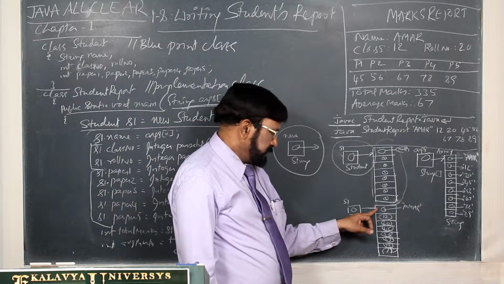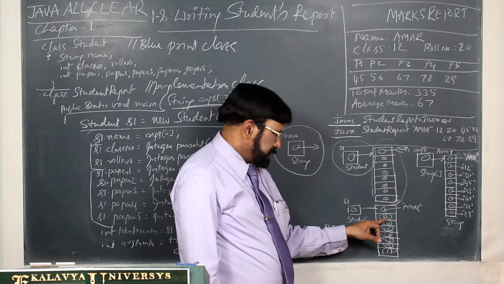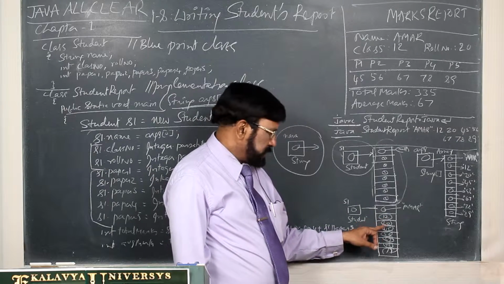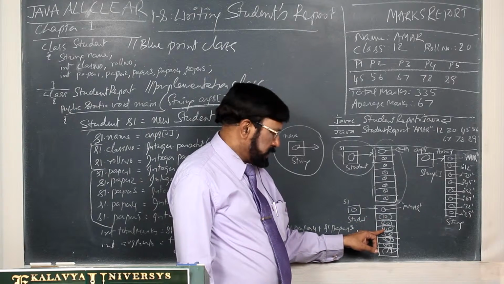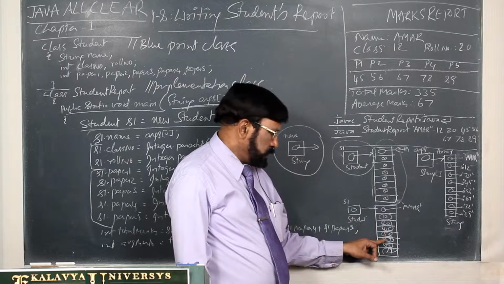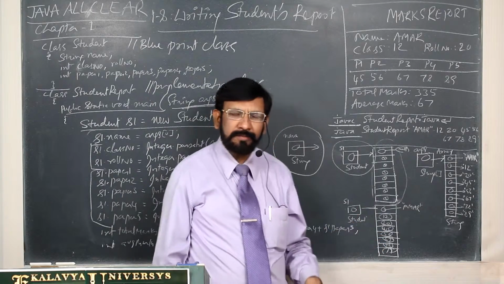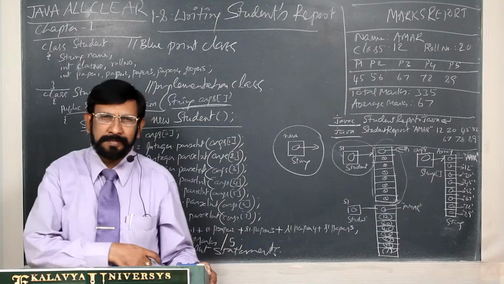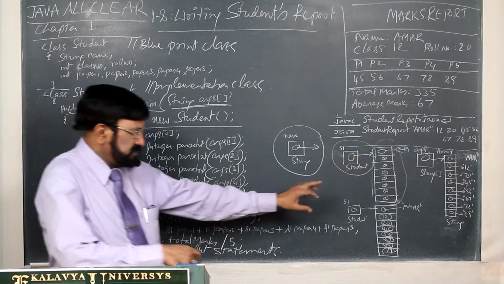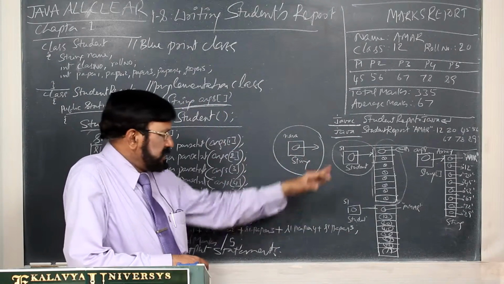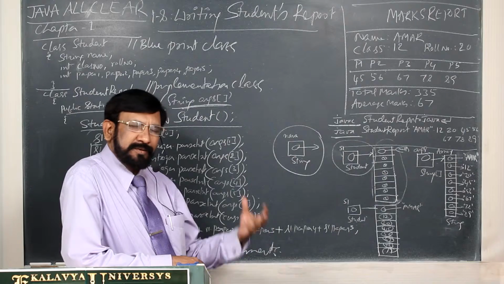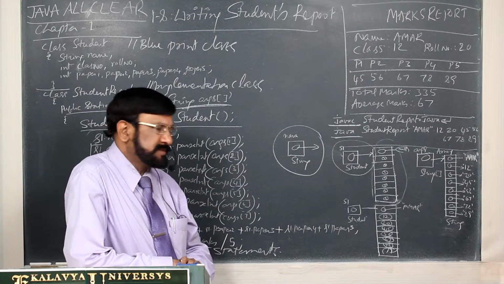Now you see, first one Amar, thereafter 12 class number, roll number 45, marks of paper 1, paper 2, paper 3, paper 4, paper 5, marks in 5 papers. Just register these figures in your mind in order to have perfect command over the concept.